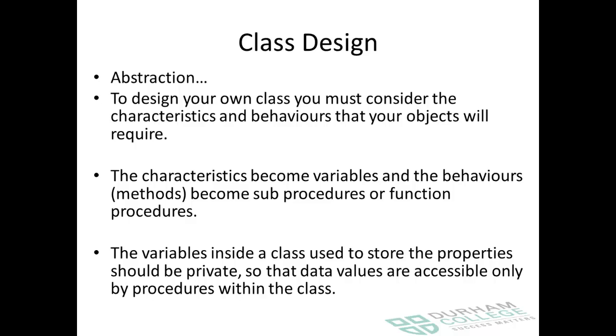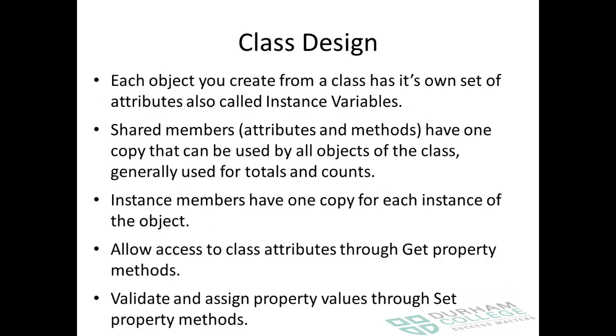And the variables inside the class really should be hidden. So we create properties or property methods that will actually access those attributes or variables of the class. Every object you create, so every instance of the dog class, would have its own set of attributes, and we refer to those as instance variables.